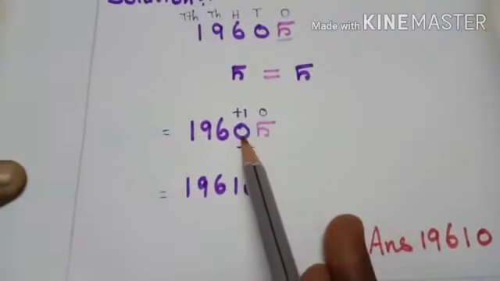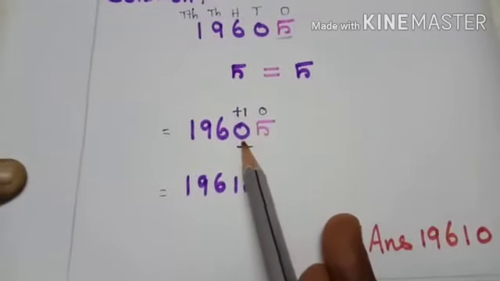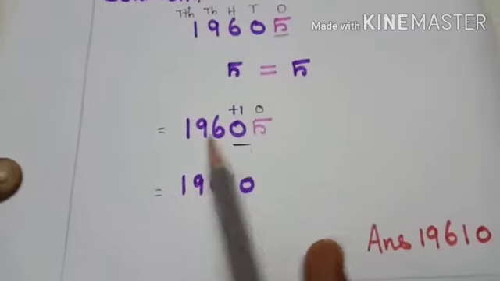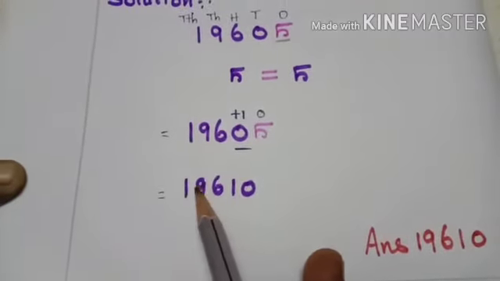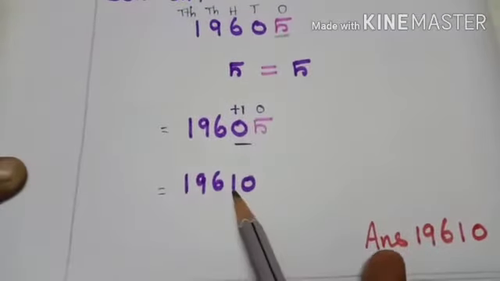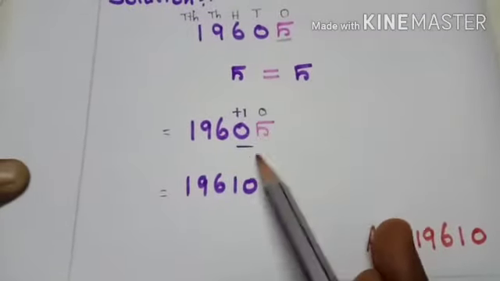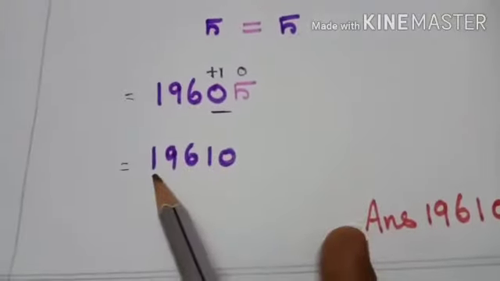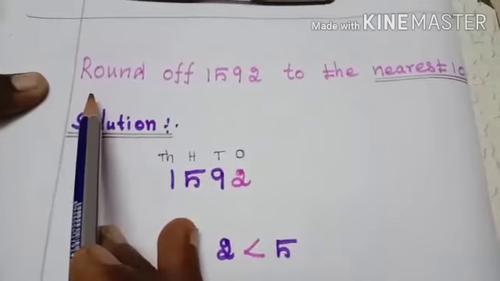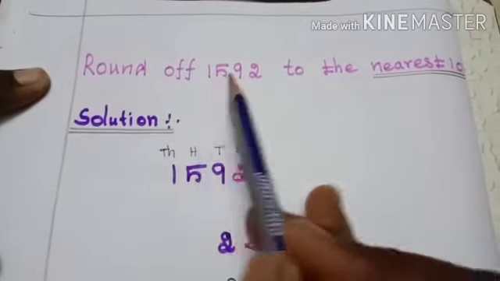Here also we have to add 1 in the tens place and put 0 in the ones place. So 0 plus 1 is 1, and we put the 0 here. So the answer is 19,610.